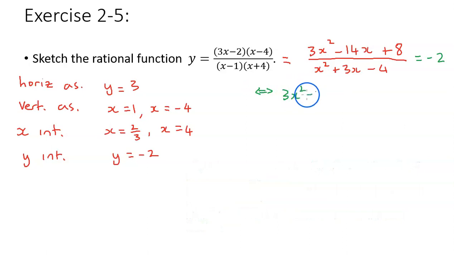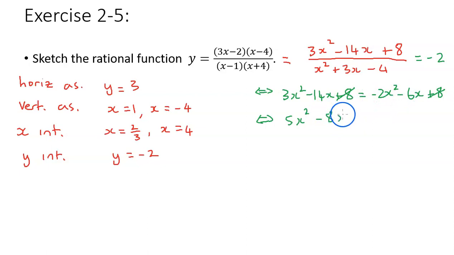3x squared minus 14x plus 8 is equal to negative 2x squared minus 6x plus 8. Okay, so the 8's cancel, and then we get 5x squared minus 8x equals 0.